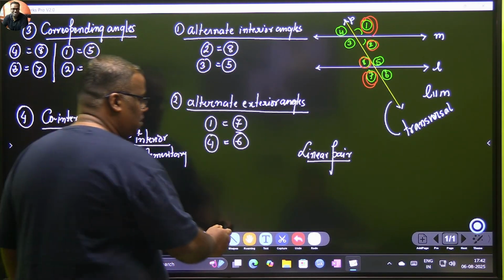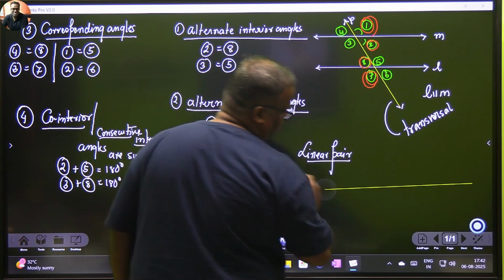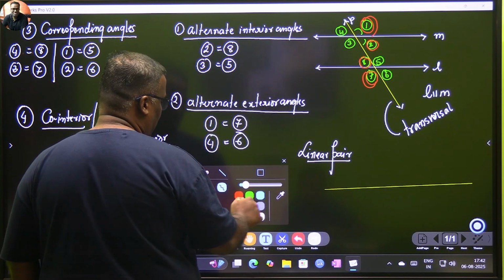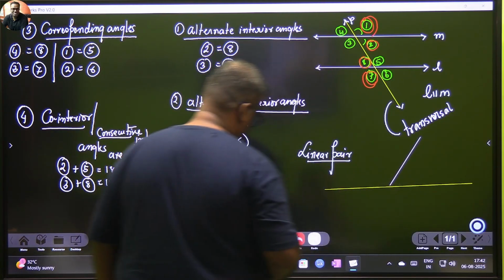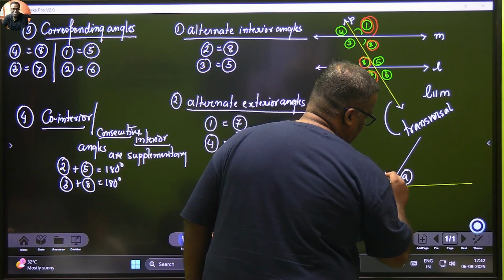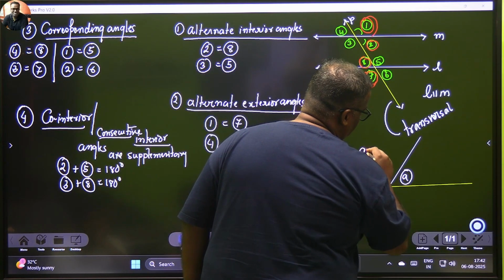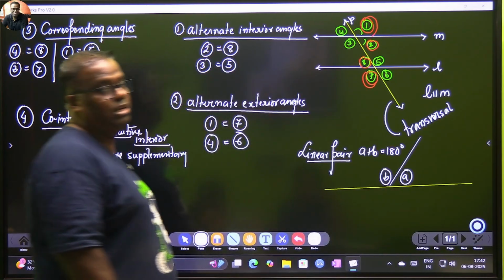Linear pair means the angles are formed over a straight line. So first we should have a straight line and then we should have angle formation. Let's say it's like this. If this is angle A and this is B, then A plus B adds up to 180 degrees. So that is called linear pair.